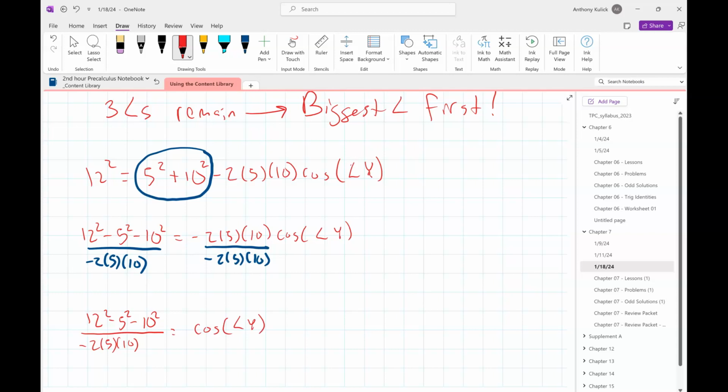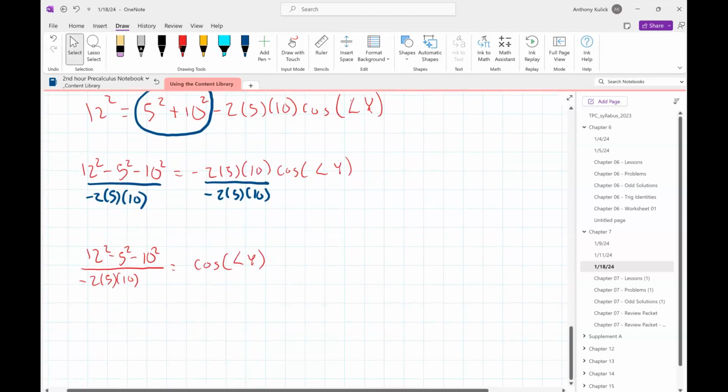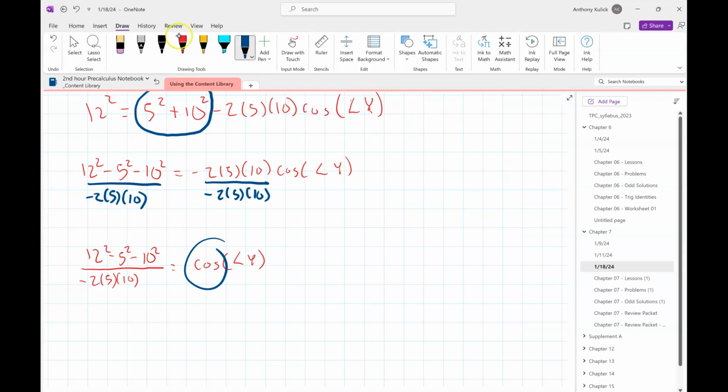Okay, so the 5 and 10 are being subtracted. What operation is going on between the 2, the 5, the 10, and the variable? Multiplication. So to move those over, I have to divide. And now last question is, how do I get rid of this cosine in front of my angle y? Cosine inverse.